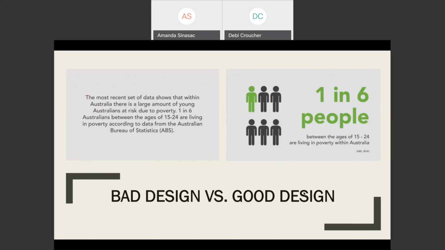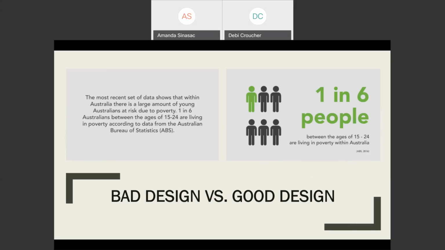And here's an example of how powerful it can be when you develop that hierarchy of text. Because on the left, we have just a block of text, nothing stands out. Depending on where someone sees it, they might not read it at all.